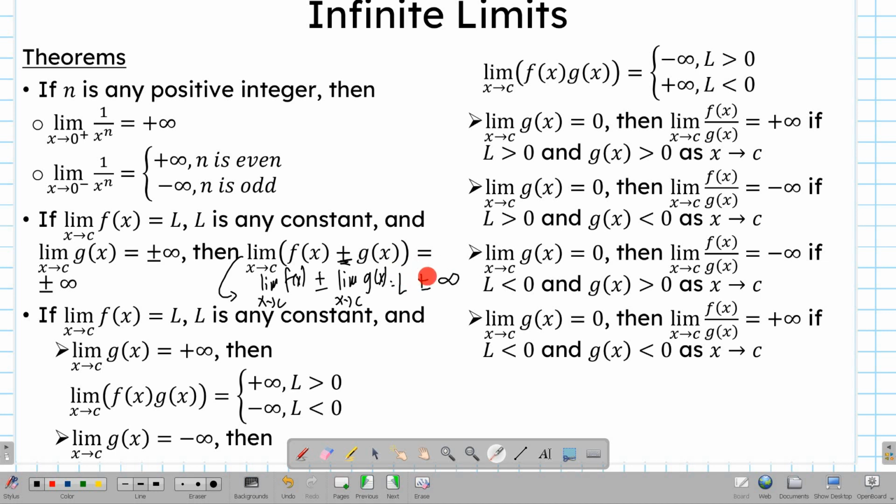So L plus infinity simply means you keep on adding and adding to ever higher values, so you're still going to infinity. That's why L plus infinity ends up at positive infinity.